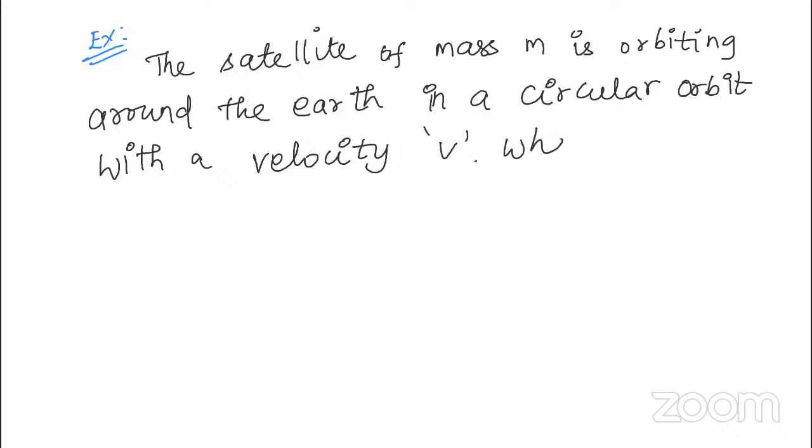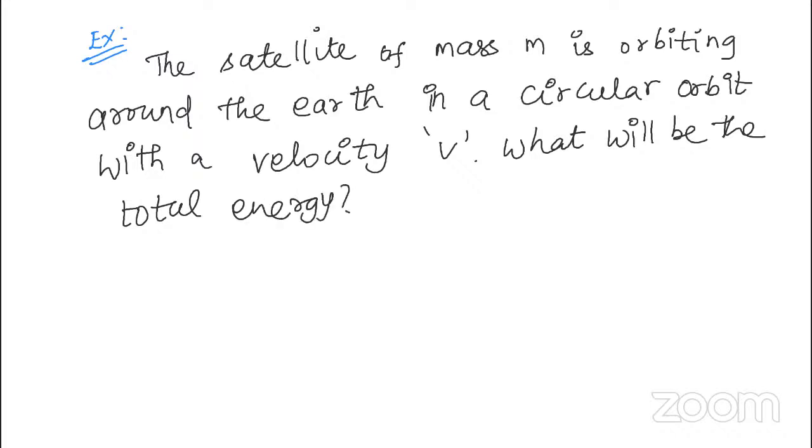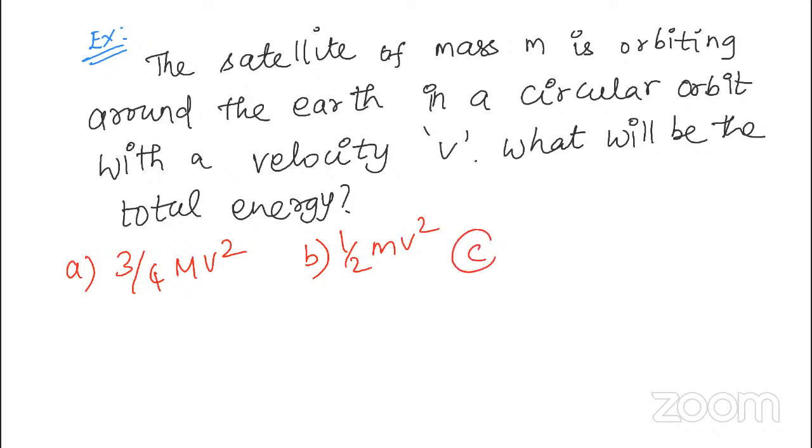What will be the total energy? They have given the options: option A is 3 by 4 mv square, option B is half mv square, option C is mv square, and option D is minus half mv square. Let us now try this one.